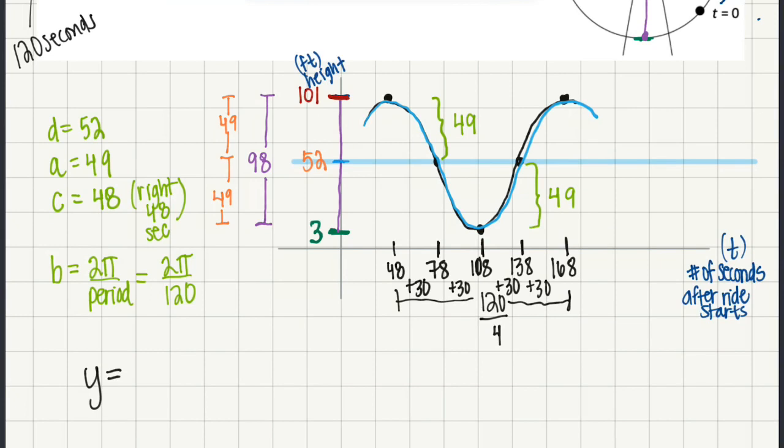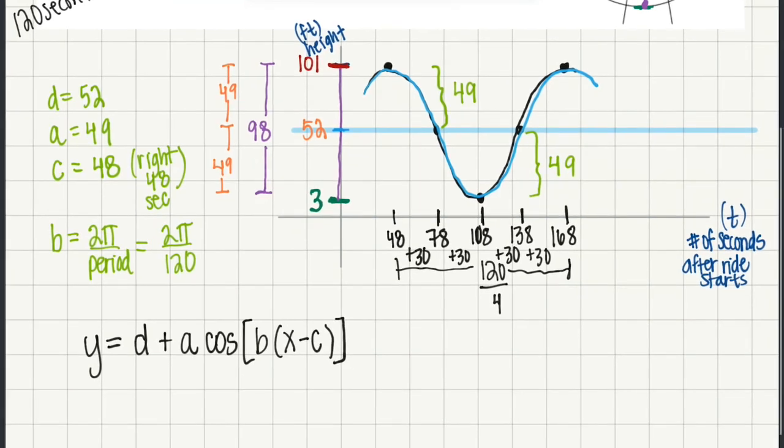So we're going to plug all these values in to our general equation here. So in place of D, we're going to have 52. In place of A, we're going to have 49. And then this is the cosine curve because we're graphing from max to max.